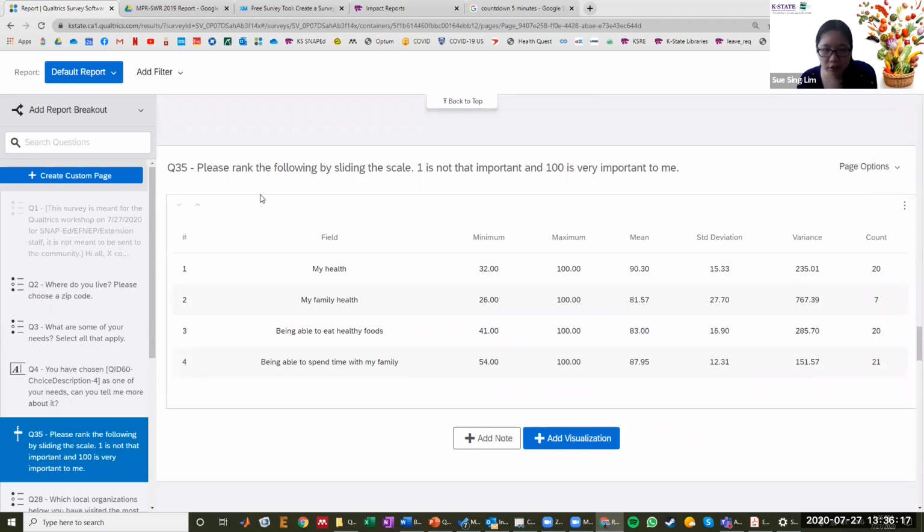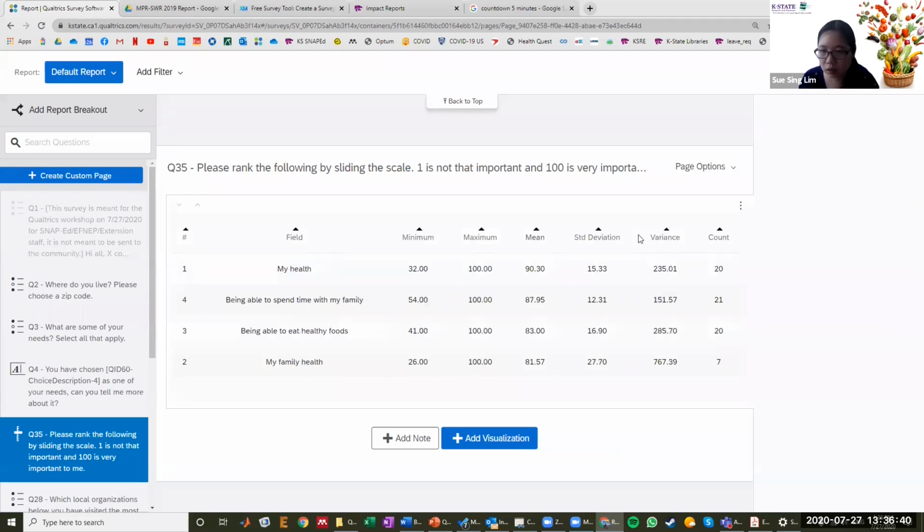This is a very interesting one, remember, because this is about ranking and scale. We ask them, what do they think about certain things? 1 is not important, 100 is very important. You can see that you have participants choose 32 as minimum, 100 as maximum, and then you have a mean.